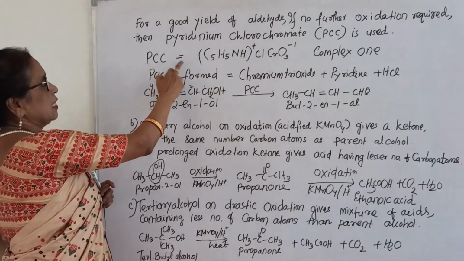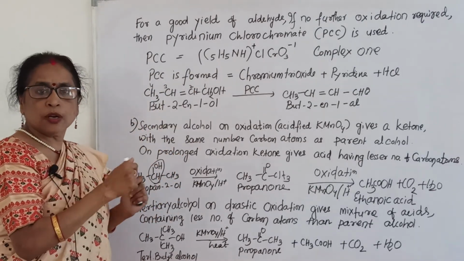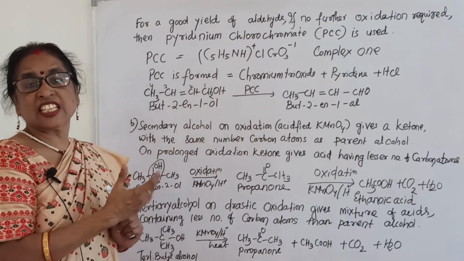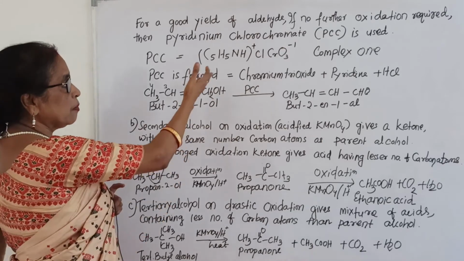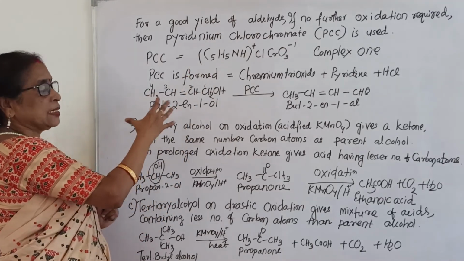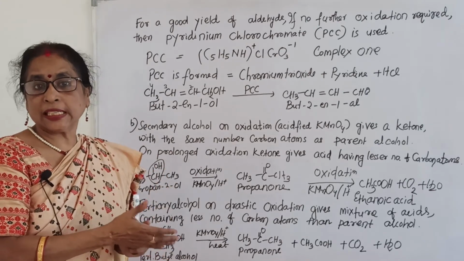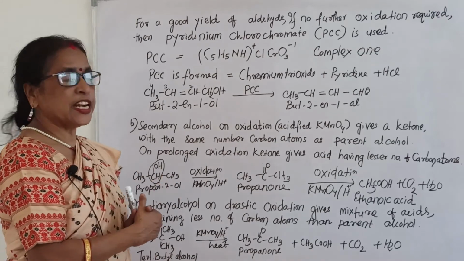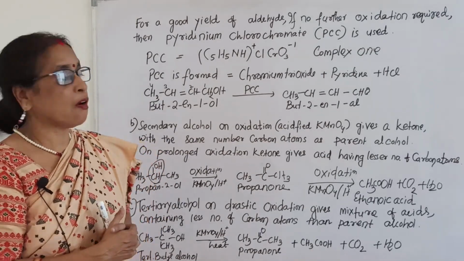This is the formula: [C5H5NH]+ [ClCrO3]-. It is a complex compound. Try to remember it. How can you form PCC? You take chromium trioxide, pyridine and hydrochloric acid, then PCC will be formed.